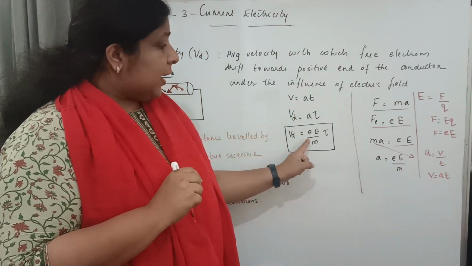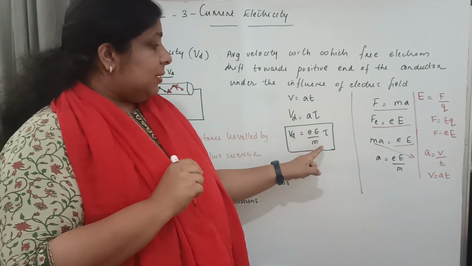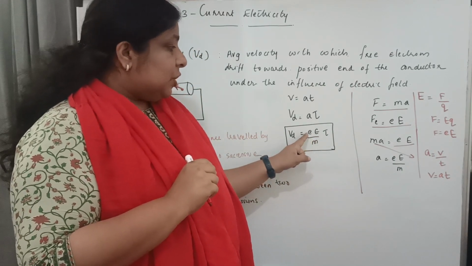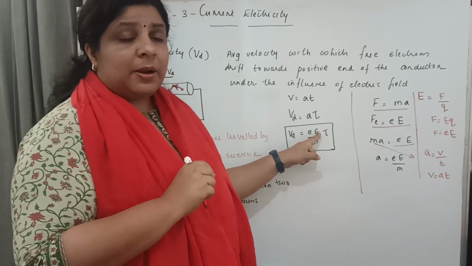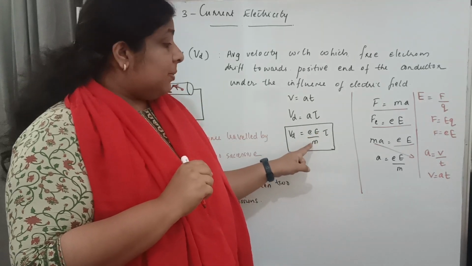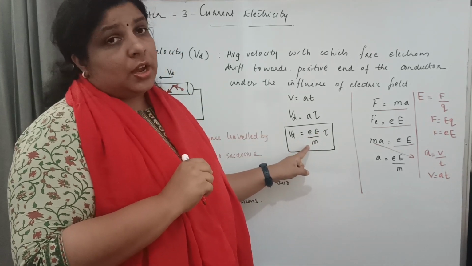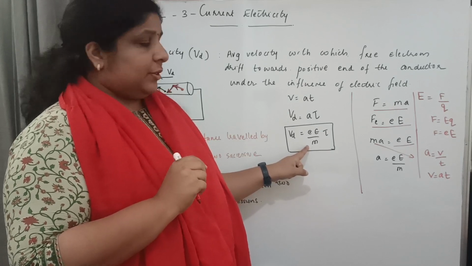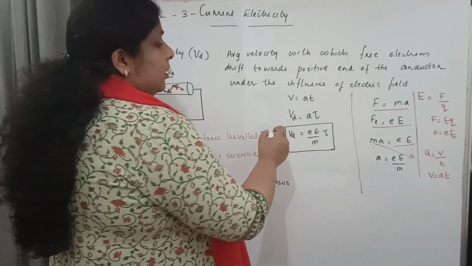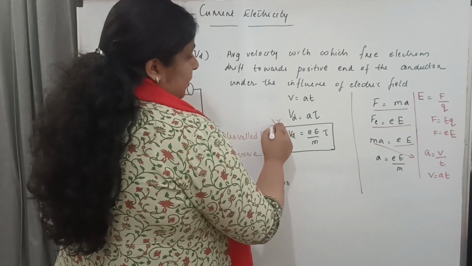Substituting for acceleration, Vd is equal to eE by m into tau, where e is the charge of the electron, capital E is the applied electric field, and m is the mass of the electron. This is the expression for drift velocity, a very important expression.